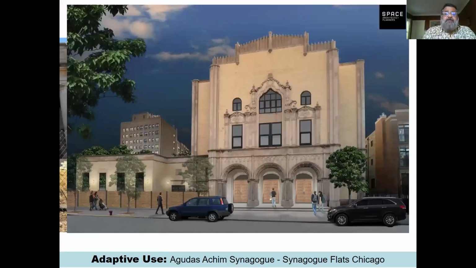Another way a religious structure can be adaptively reused is the conversion of an abandoned synagogue in Chicago. This is Arkham Synagogue in Chicago. They recently developed it into a transit-oriented apartment building. It was originally built in 1922. You can see a dramatic stained glass lined sanctuary.